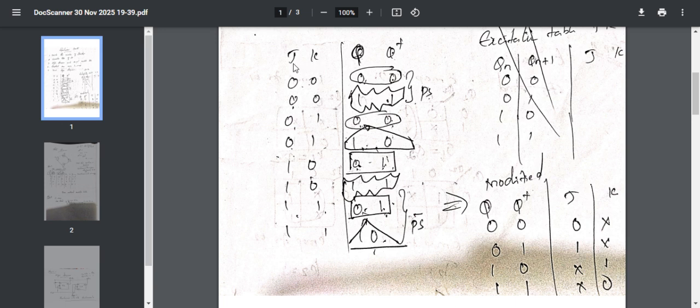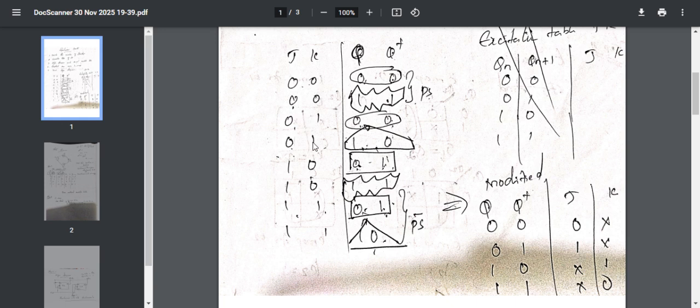The inputs J, K and the state Q are taken as 3 input binary values: 0 0 0, 0 0 1, 0 1 0, filled till 1 1 1, and Q plus is derived with the help of the normal JK flip-flop truth table. When the input is 0 0, the output is the previous state.